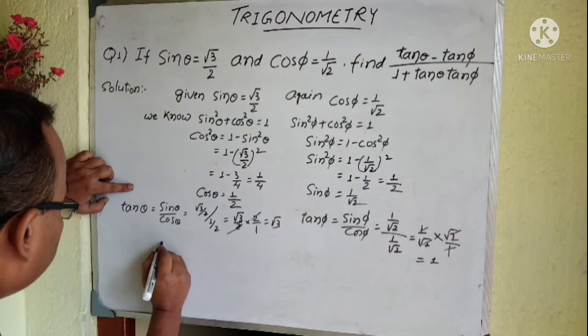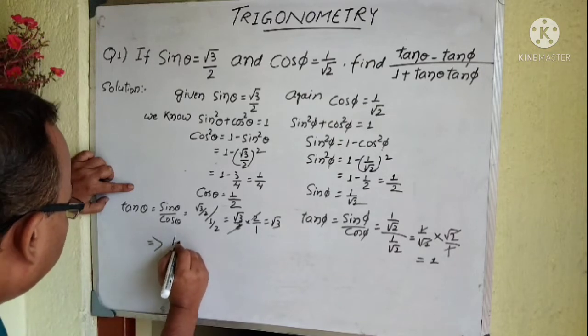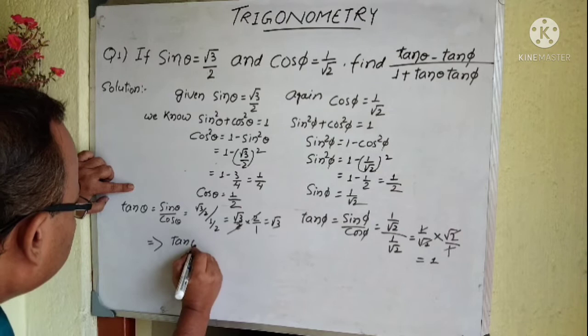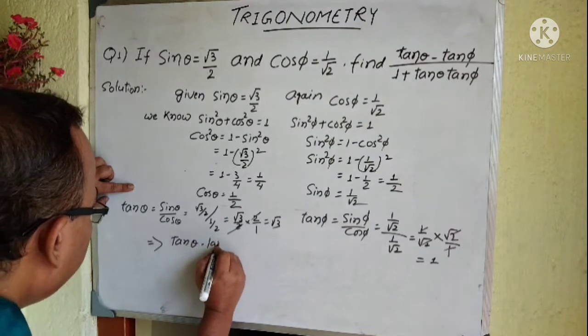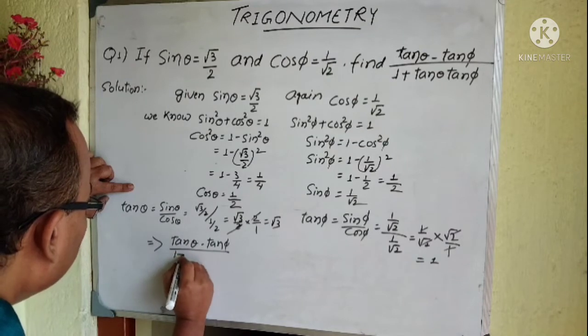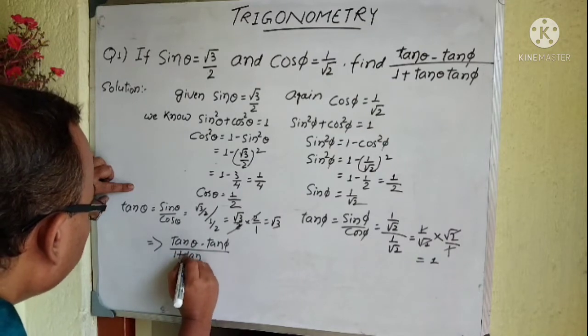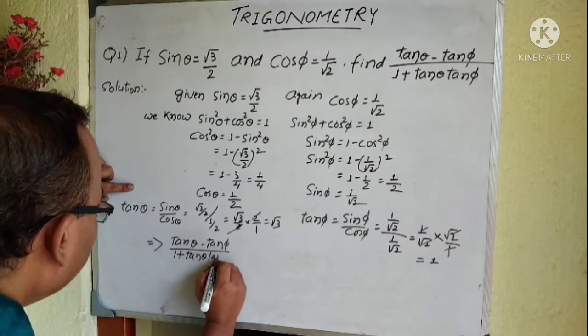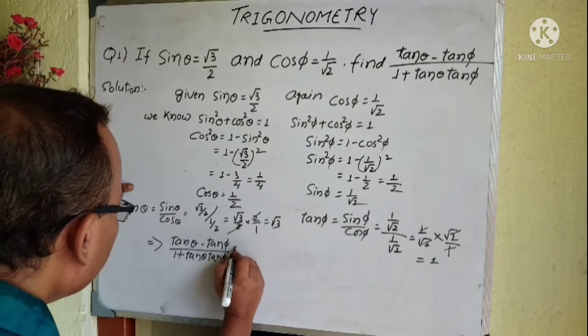So here, tan theta minus tan phi by 1 plus tan theta into tan phi. So put the value.